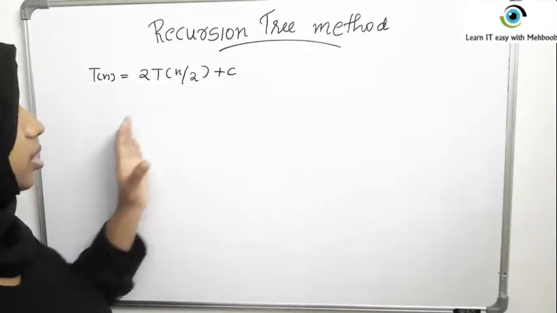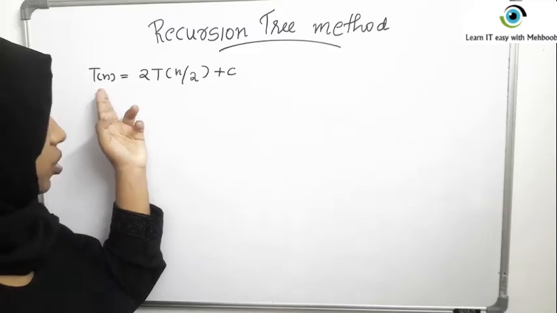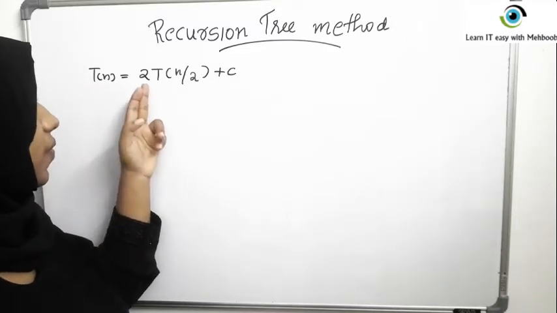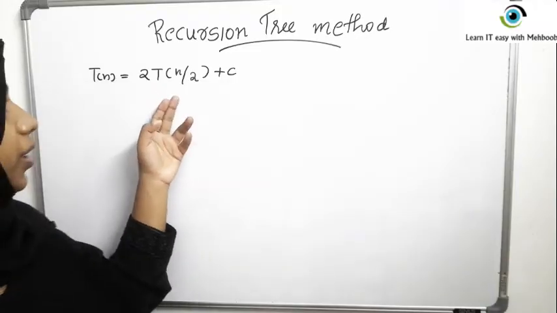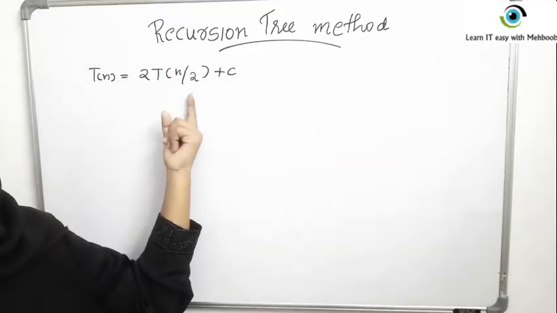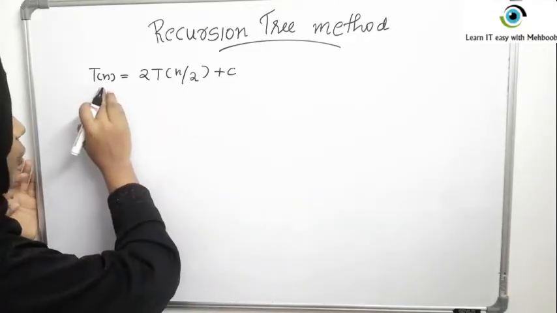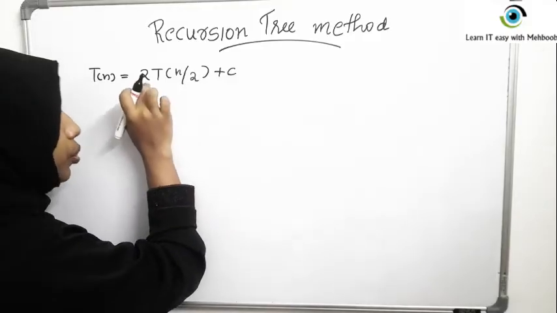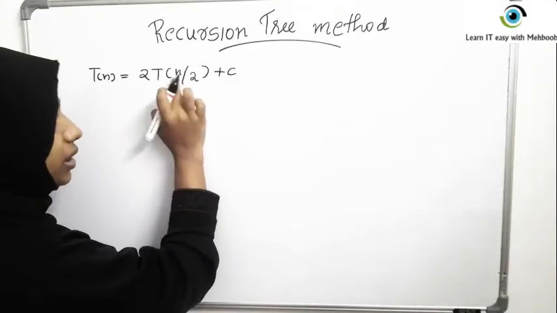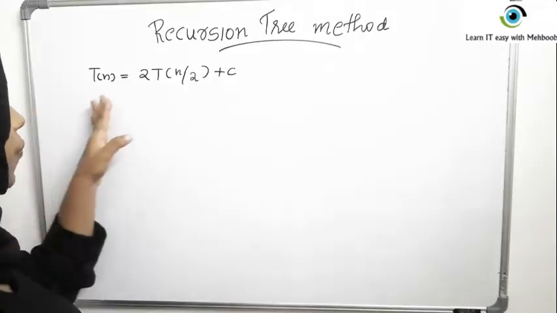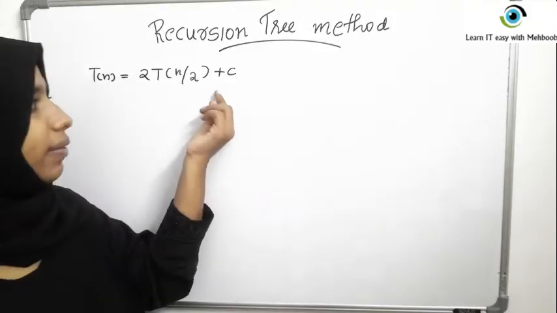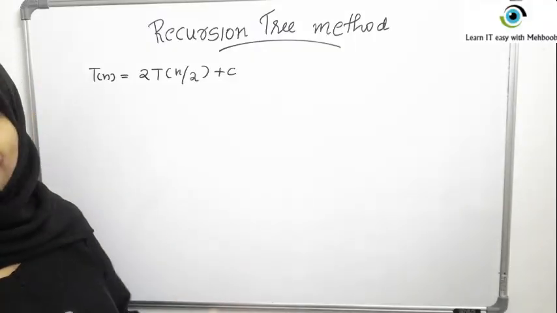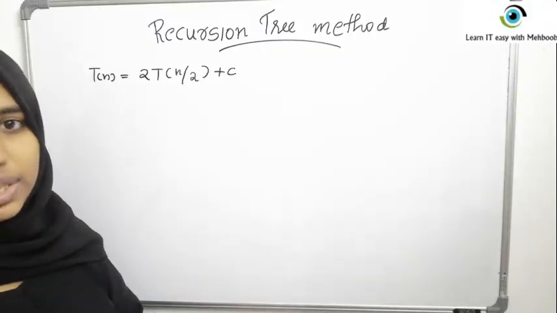So in this case, what it means is that the problem of input size n is divided into two subproblems of size n by 2 each. That is, T of n is now 2T of n by 2. And this c is the amount of work that is required to combine the solutions of individual subproblems.